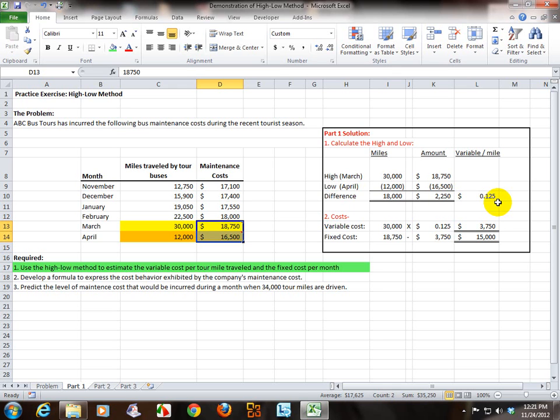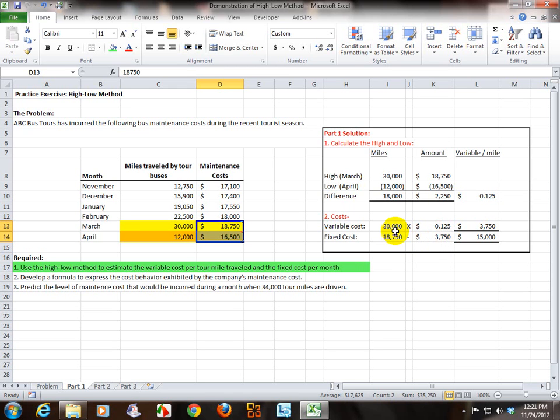Now that variable cost per mile will be the variable cost per mile in any month, and we'll use that as a formula to determine the variable cost in either the high or the low month. Either one will work for the determination of what fixed costs are.